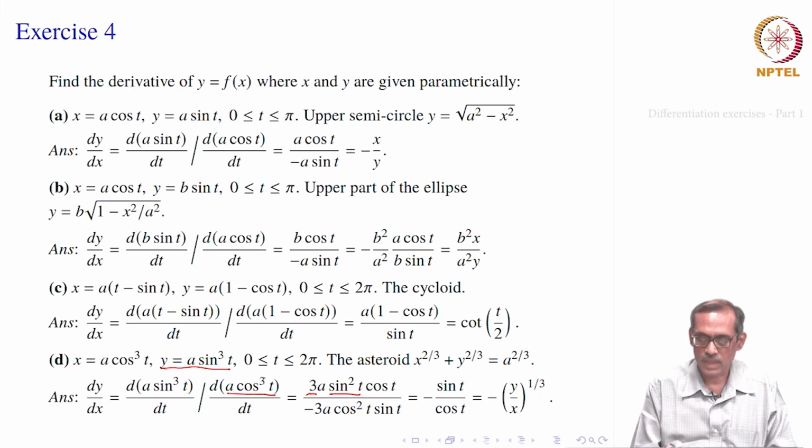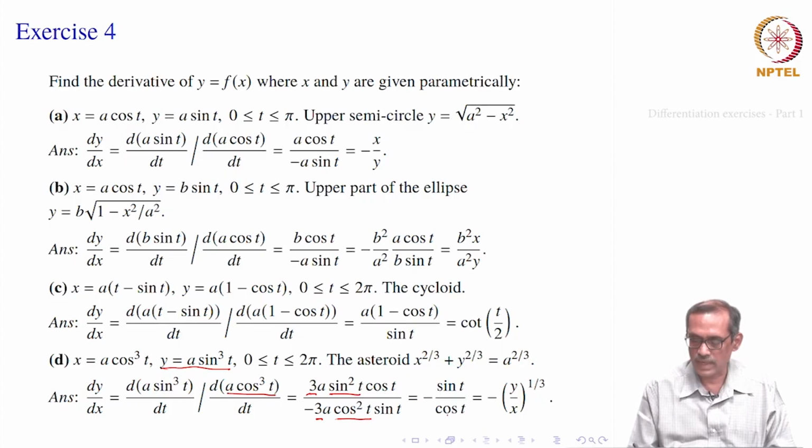So, again use the composition formula. A remains as it is, the derivative of cosine cube t with respect to cosine t gives you cosine square t into 3, and then the derivative of cosine t with respect to t gives you minus sin t. So, the minus sign is here. Then 3a cancels and sin t cos t cancels.